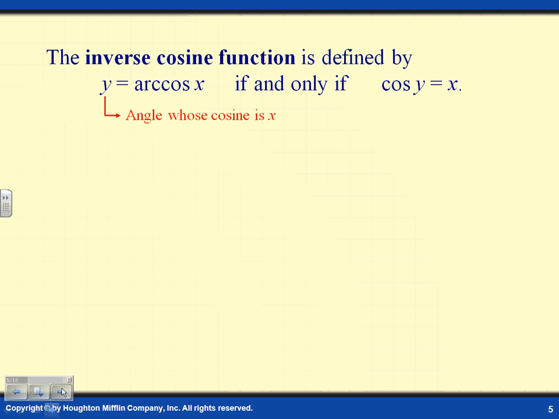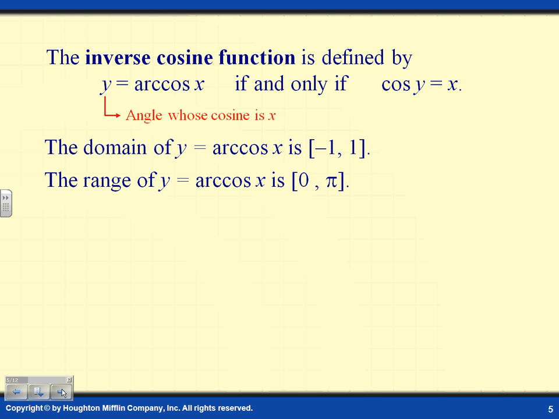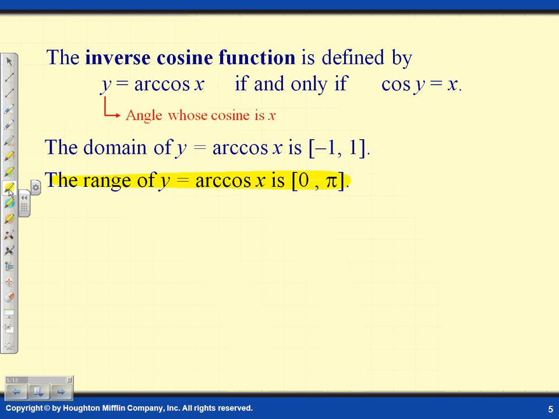Next, the inverse cosine function. Exactly the same as sine. What angle has the cosine of whatever value it is? Does that make sense? Okay? And then the domain we already said of the arc cosine is from negative 1 to 1. I would highlight that if I were you. And the range of it is from 0 to pi. I would do this for both of them.